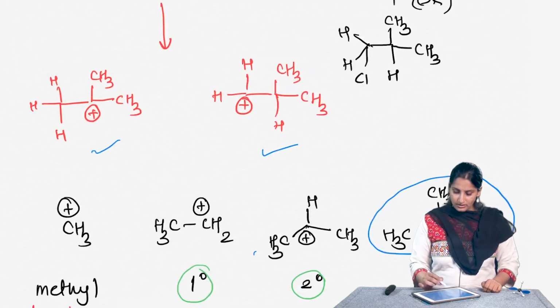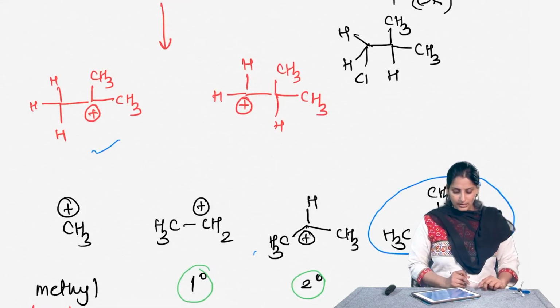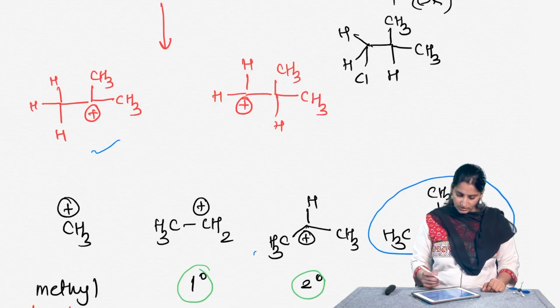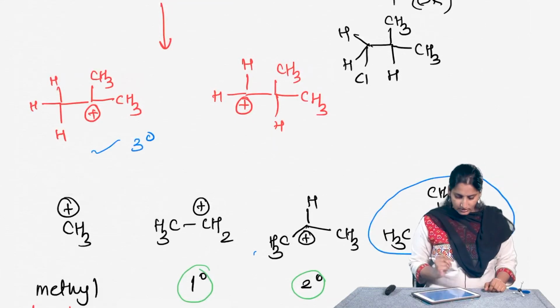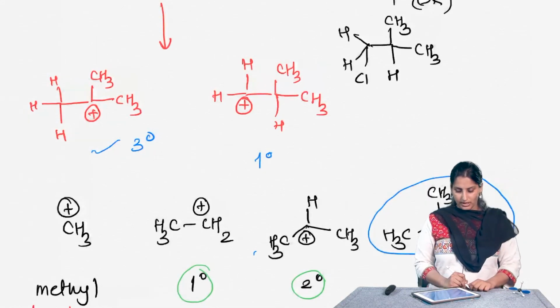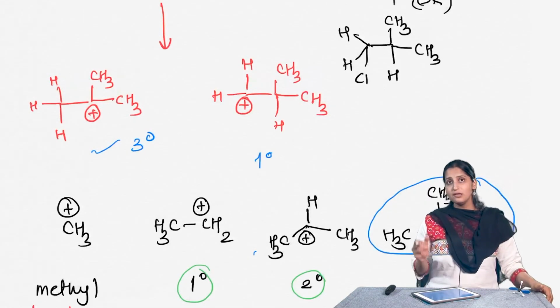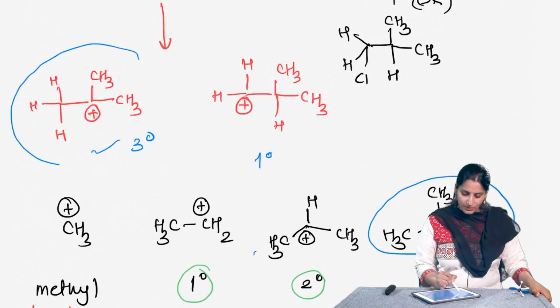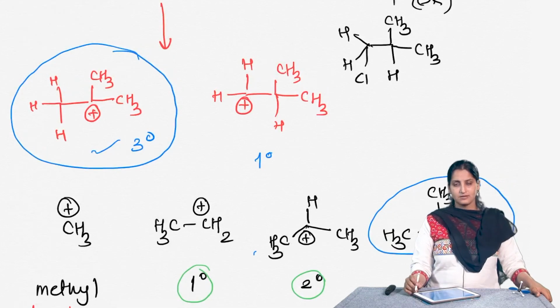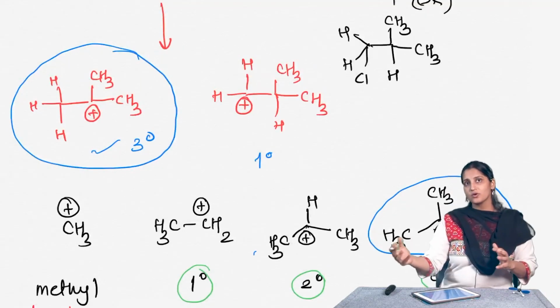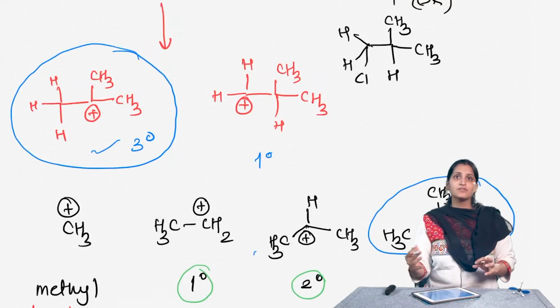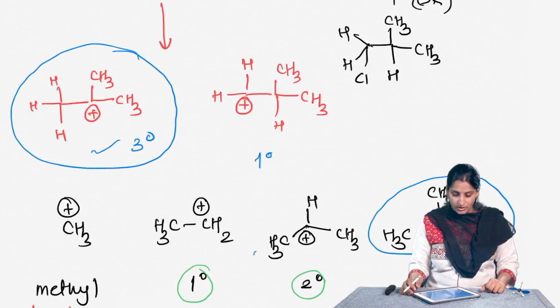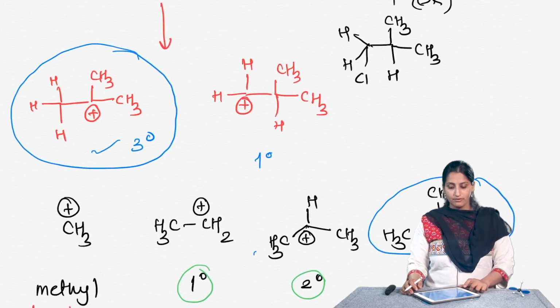If you see the carbocations, in this case this is a tertiary carbocation, whereas in this case this is a primary carbocation. So, which one is more stable? Of course, the tertiary one. So, what happens is this carbocation will be formed in excess, okay, because it is more stable, the formation of that carbocation is much more favored, and thus what will be the product that will be formed?